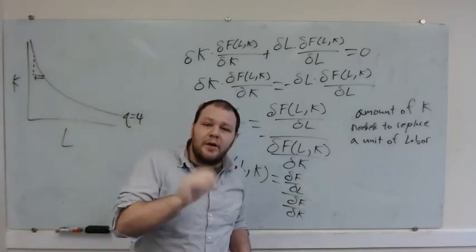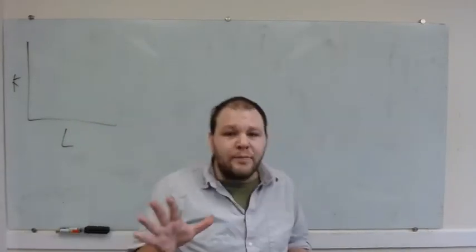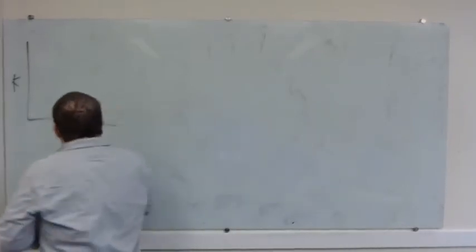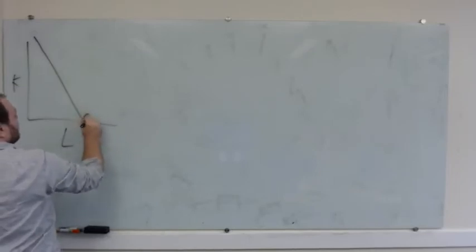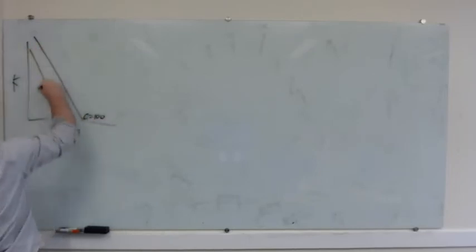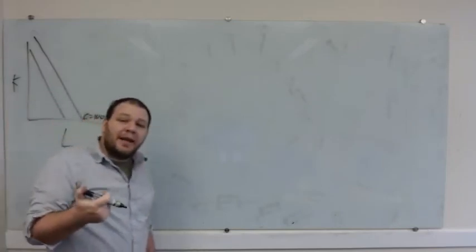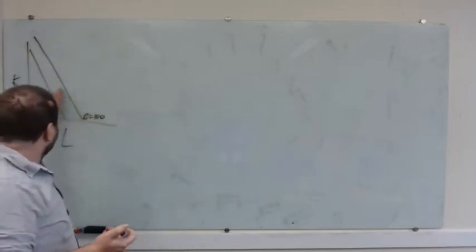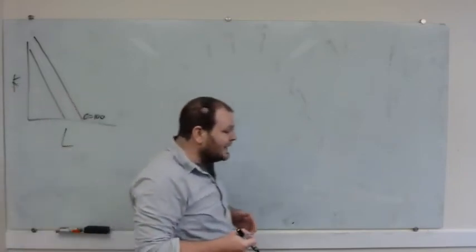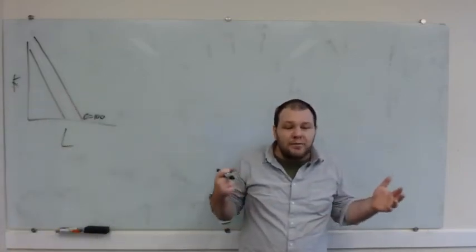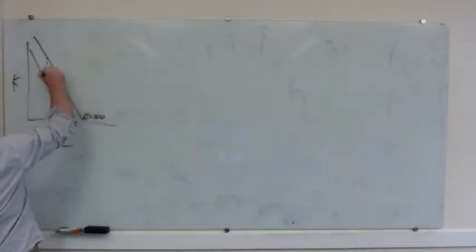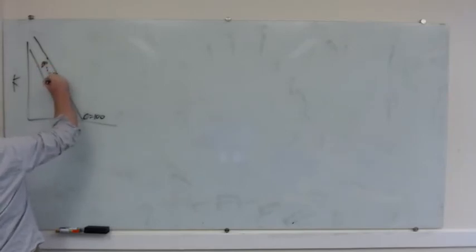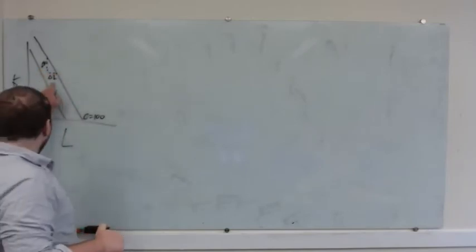So let's switch over to thinking about the slope of the isocost. Remember, the isocost curves are straight lines like this, right, that tell us all of the combinations of labor and capital that cost the same amount of money. So the slope of this thing is going to tell us something like the amount of capital that you would be willing to take in order to fire a worker, right?